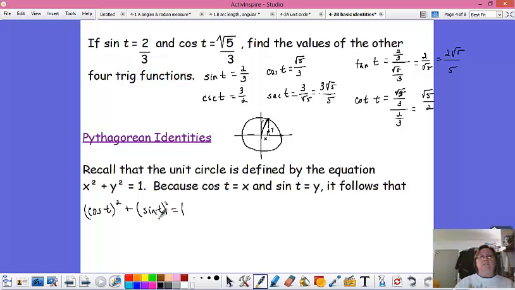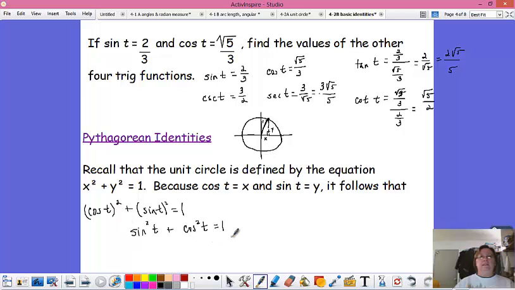Normally this is written in a slightly different form. It means the same thing. They usually talk about sine first, so they would say that the sine squared of t plus the cosine squared of t equals 1. Those two are equivalent statements. It's just a different way of writing the squaring.